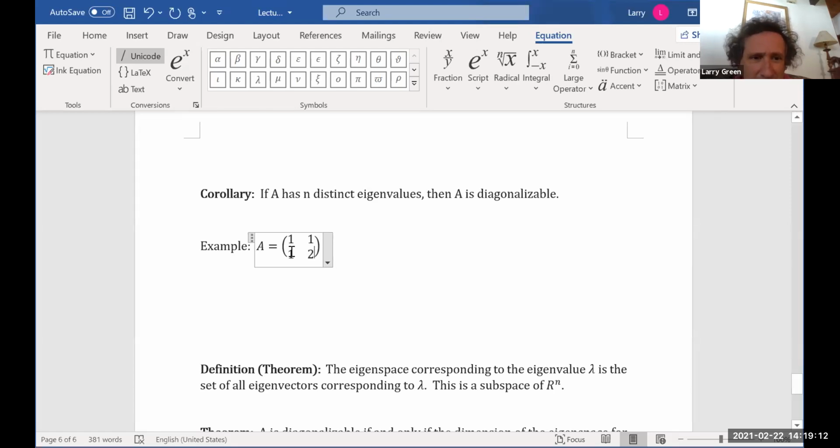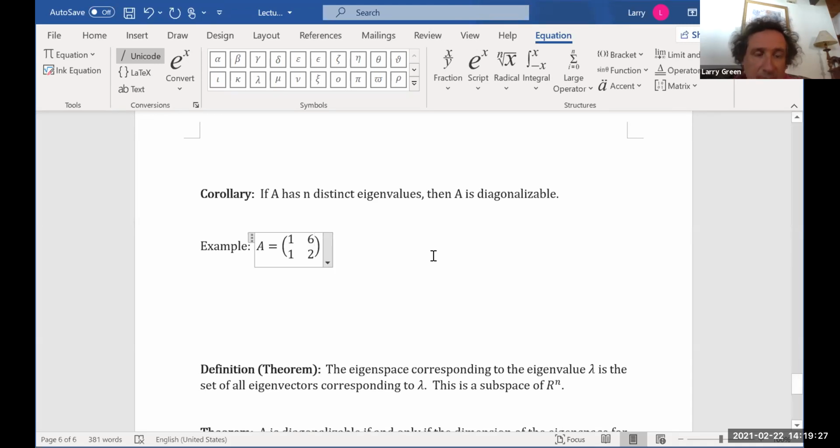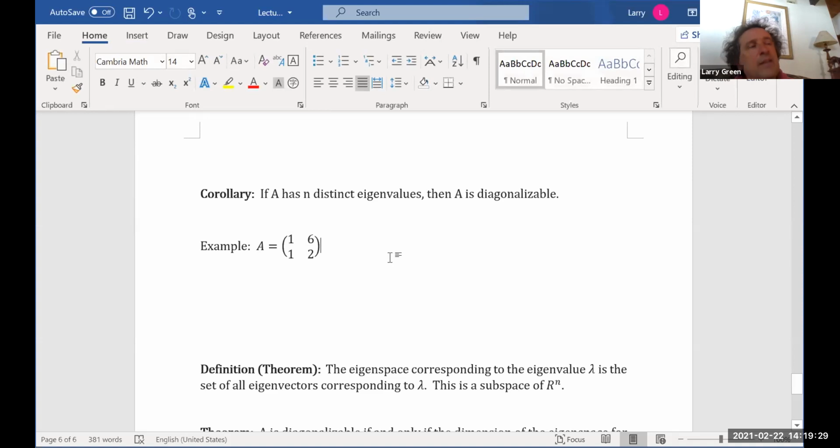Let's not make it 2. Yeah, I can make that 2, but let's make this 1 and 6. That should work, if I did my math right in my head. You're not going to get ugly square roots and stuff, but that's okay.